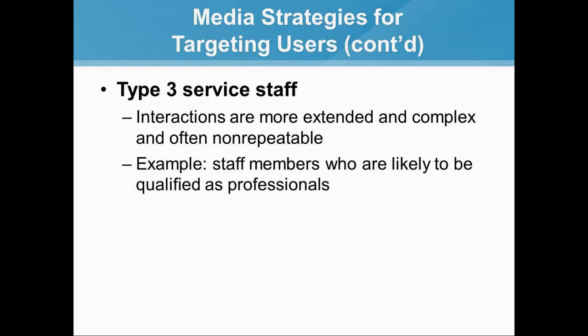Typical examples include staff members who are likely to be qualified as professionals. Any service organization may have employees in one, two, or all three of the preceding categories. Therefore, a bank may have tellers performing type 1 communications, a loan officer engaged in type 2, and a commercial loan officer engaged in type 3.